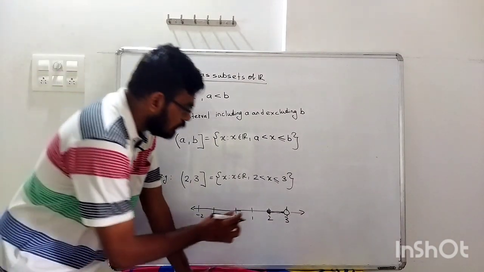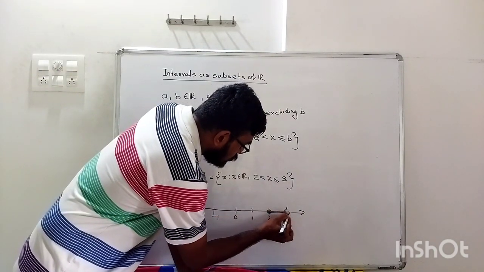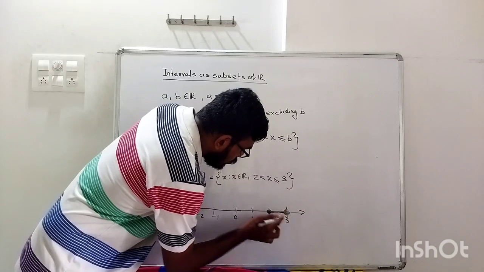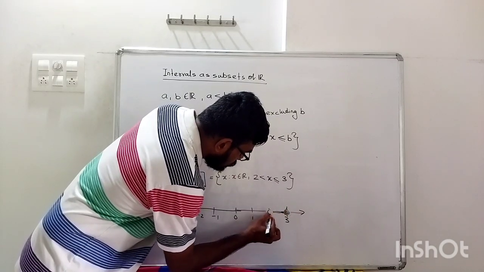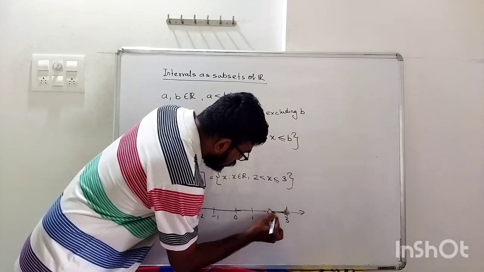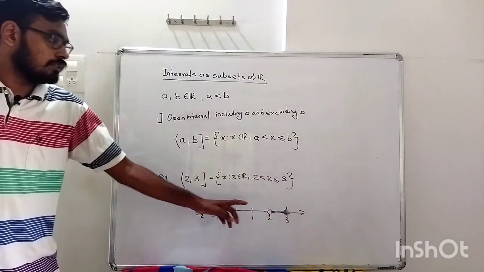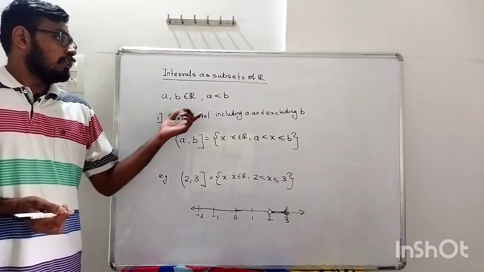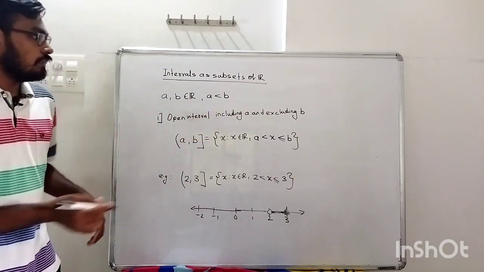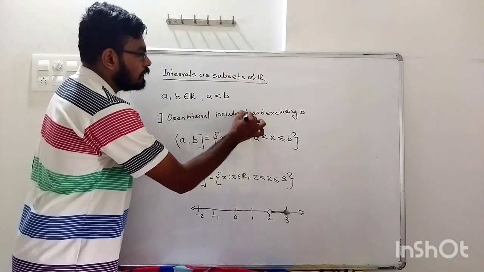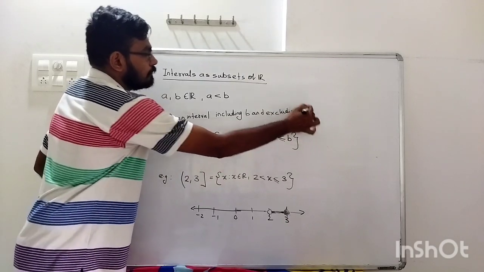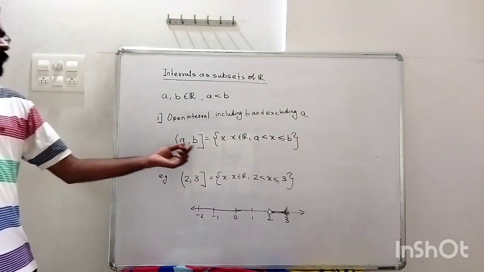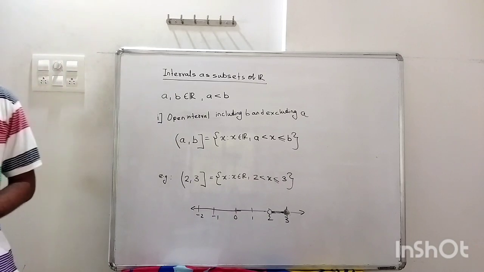Okay, and this will be dark and this will not be dark. Just draw a small circle there. So this is the interval including B and excluding A now. We include B there, but we exclude A.